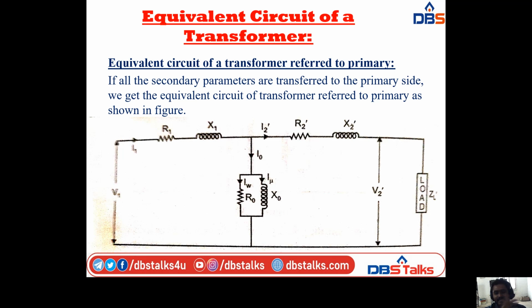In this we have R0, X0, R1, X1, I1, V1, E1 and I2 dash from the previous circuit, and additional to this, after transferring R2 and X2 we have the terms R2 dash, X2 dash, V2 dash and ZL dash.